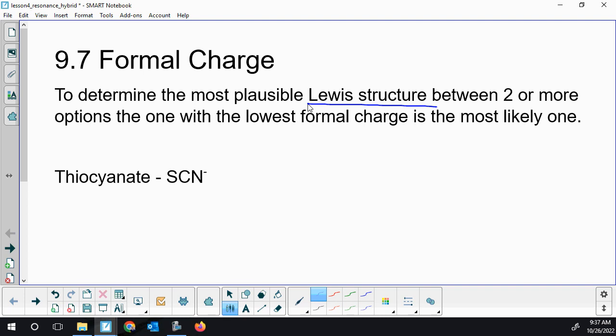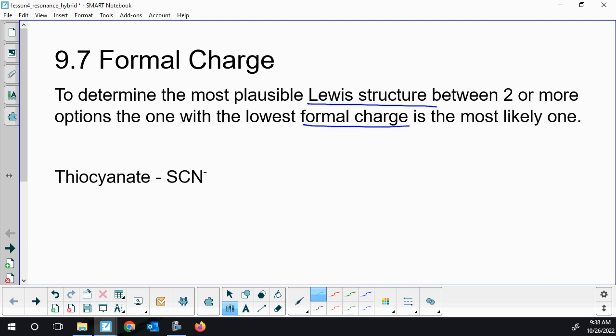There's lots of sort of exceptions or places where the steps don't lead to perfect results. Okay? If we get two structures like you can from thiocyanate, we're going to figure out whether one is better using this formal charge. We're going to look at how many electrons we've assigned around an atom and compare that to how many valence electrons it has. Okay?